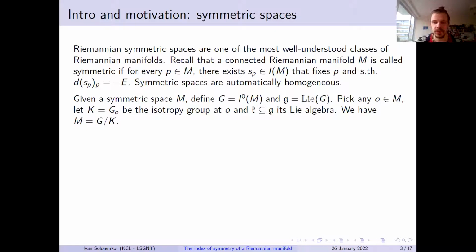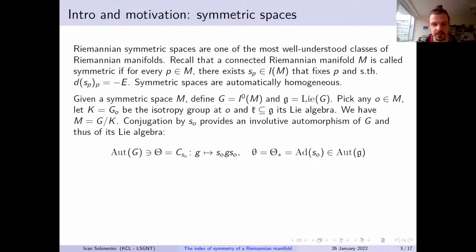We usually pick a point O, which is a base point, and then let K be the isotropy group of G at the point O. And let Gothic K be its Lie algebra, which is a subalgebra of G. So this way we can realize M as a quotient of G by K. And finally, the conjugation of G by the isometry S_O, which is called the geodesic symmetry, provides an involutive automorphism of G, which we call big theta.